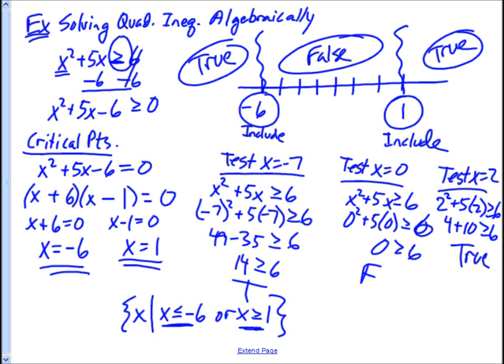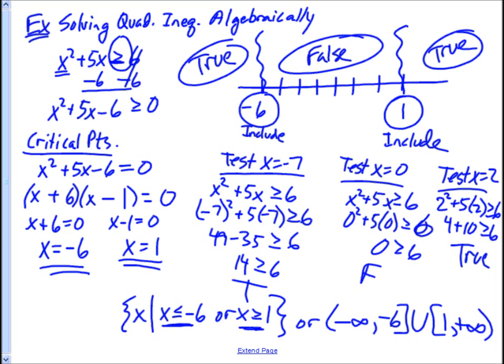So any of those x values is what this solution is saying. Or if you want, you can use interval notation. Say negative infinity up to this negative 6. I include that. Union, and then go take off from this 1. And you go 1 to positive infinity. That's an interval notation for saying the exact same thing.